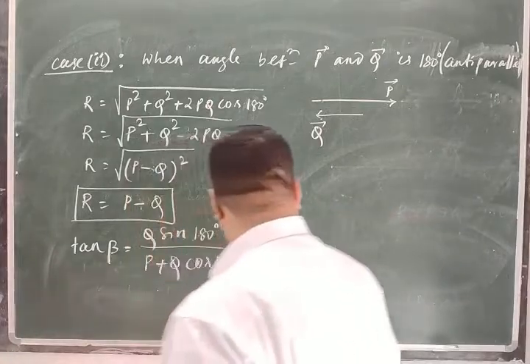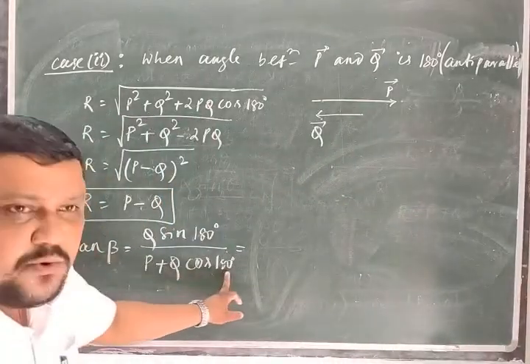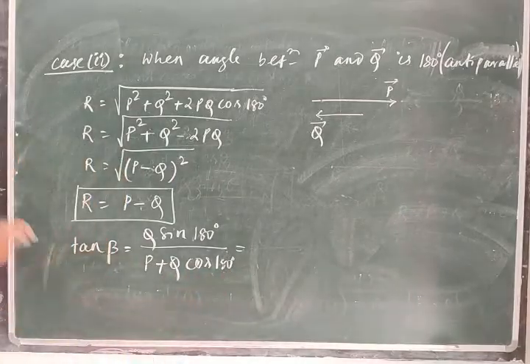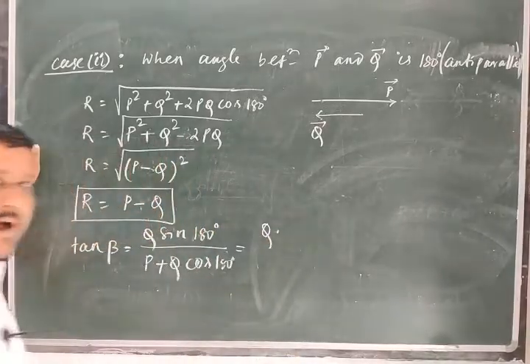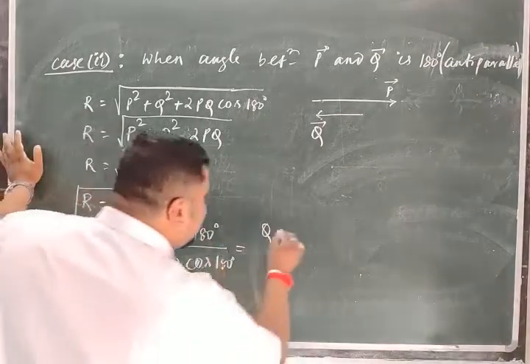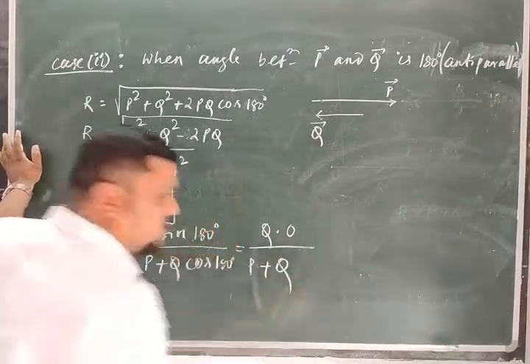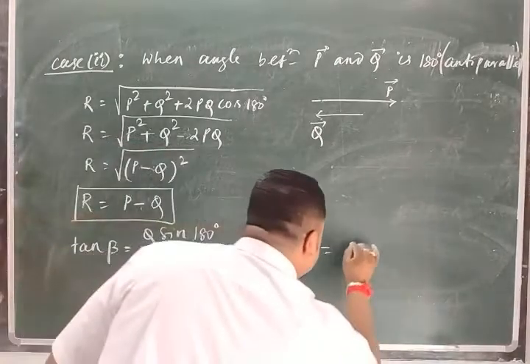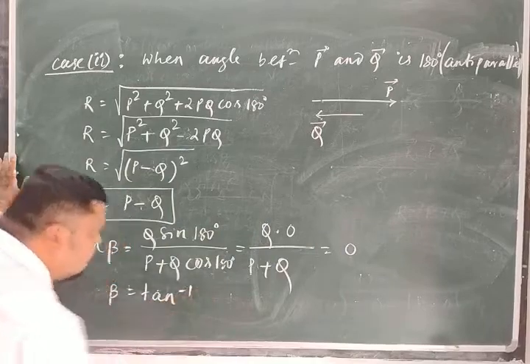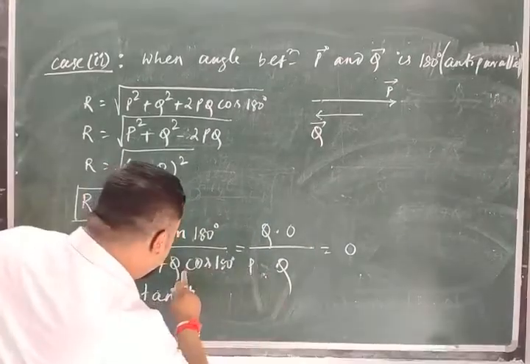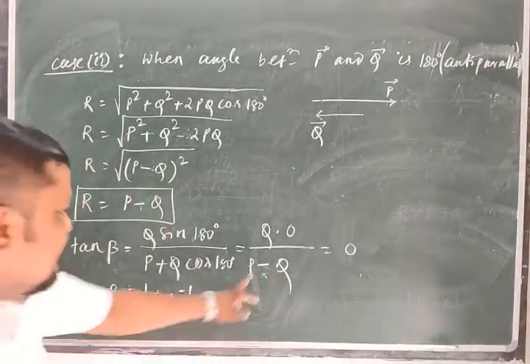So tan beta is equal to Q sin 180 divided by P plus Q cos 180. Sin 180 is 0, so this is 0 divided by P minus Q, which is equal to 0.